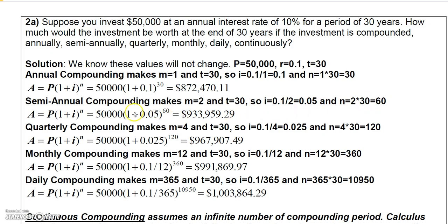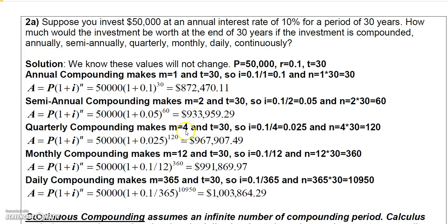So change the I to 0.05 and change the N to 60, and now you get $933,959.29. So you got a significant increase in the total return by going from compounding once a year to twice a year. Well, what if we go to 4 times a year with quarterly compounding?